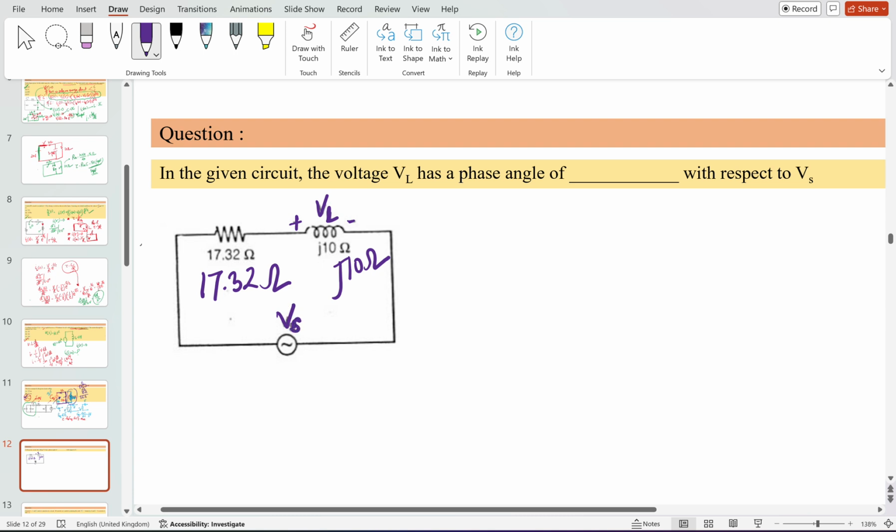Try it. Okay, 30 degrees. Let's wait for a few more minutes and re-verify whether your answer is correct or not.